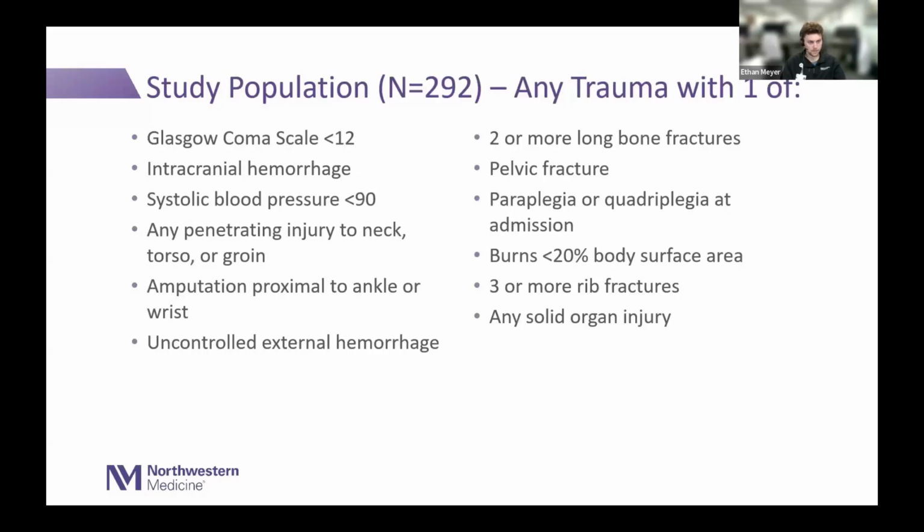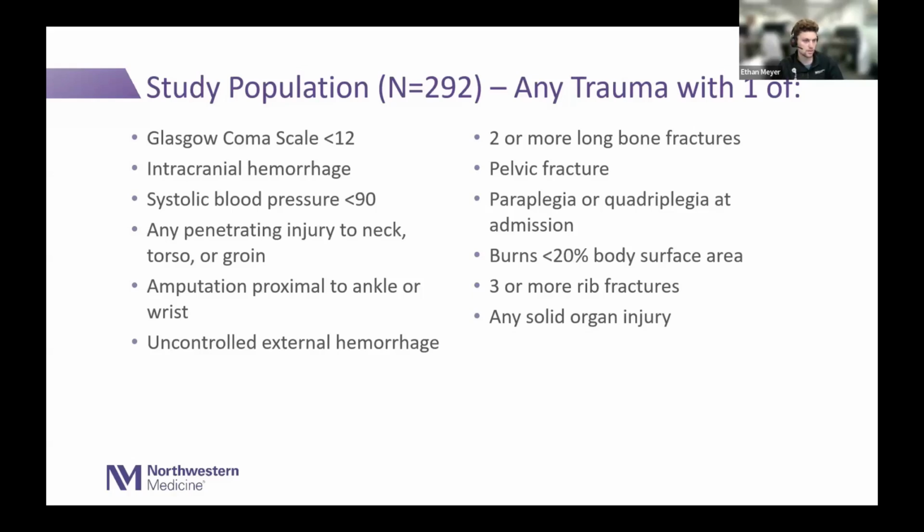So within their study population, they had a total of 292 patients, and their inclusion criteria was any patient who presented with a trauma that met any one of these criteria.